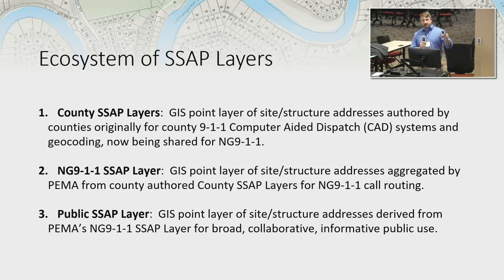And now we're trying to leverage that same data set from county 911 systems into a statewide system for Next Generation 911. And then hopefully taking that data and pushing it out to the public so the public can then use our address point layer. So hopefully it's the same data throughout, but it's really 3 distinct layers doing 3 different jobs, but it should be all the same data.